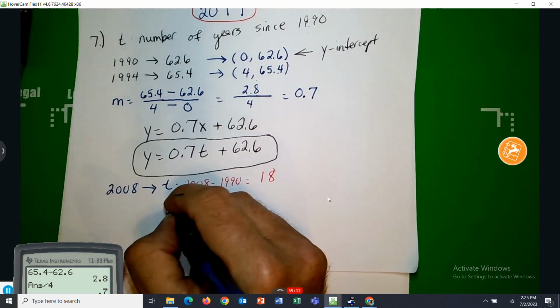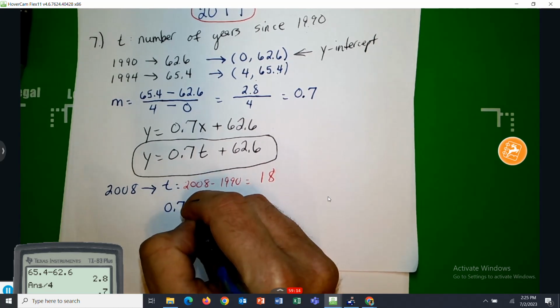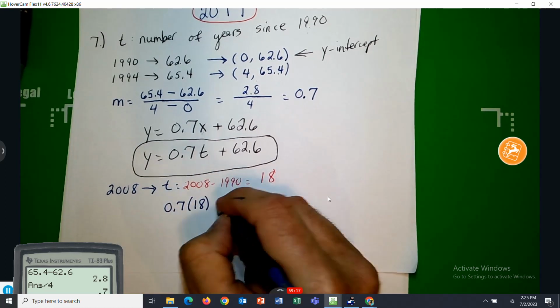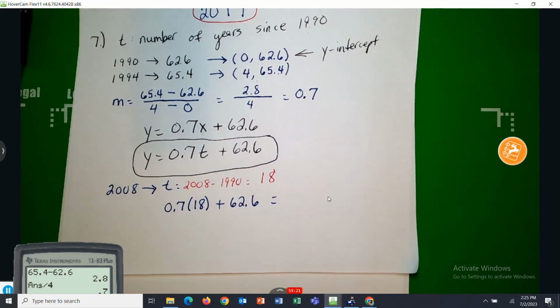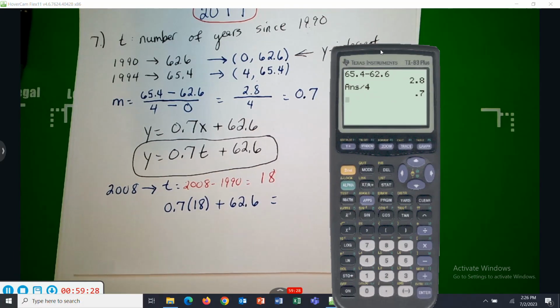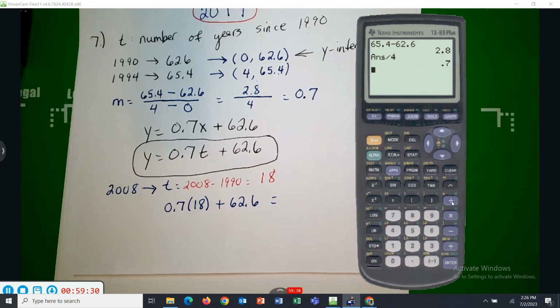So we have 0.7 times 18 plus 62.6. Should we expect this to be bigger than 62.6 or smaller? Well, bigger. So it's 0.7 times 18 plus 62.6.